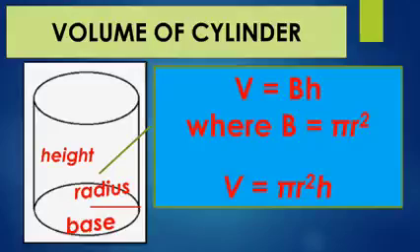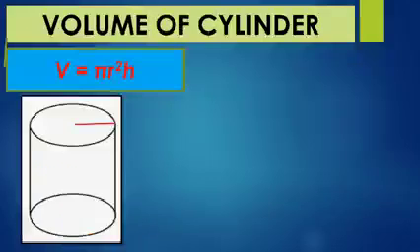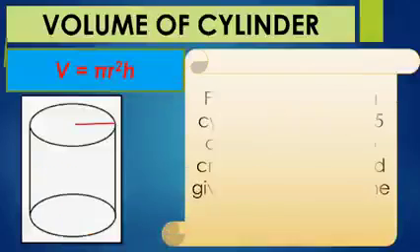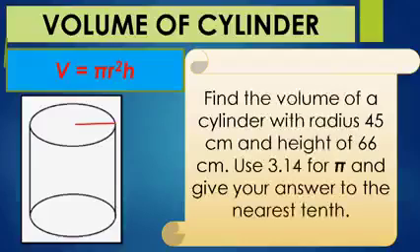Thus, by substitution, palitan natin yung B with pi r squared. So, V is equal to pi r squared h. Example. Find the volume of a cylinder with radius 45 centimeters and height of 66 centimeters. Use 3.14 for pi and give your answer to the nearest tenth.